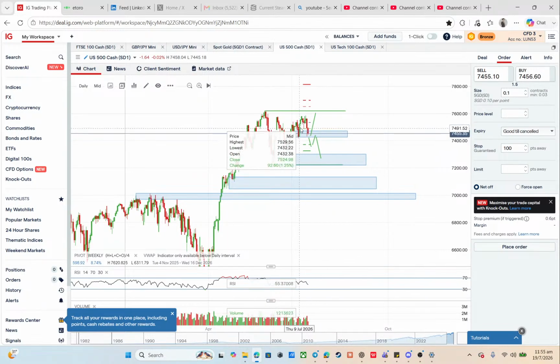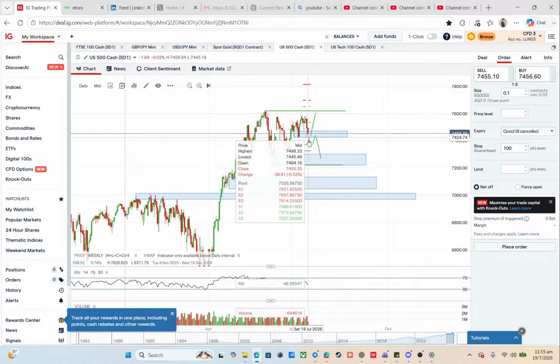But of course, if the earnings reports from all the mega caps are rubbish, then we will see SPX dropping to as low as 7,000. It will be another close to 500 points drop.